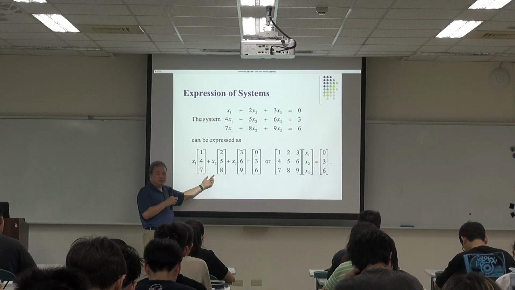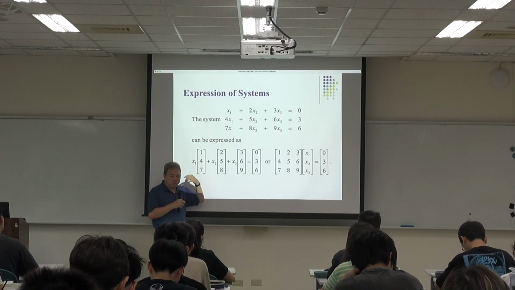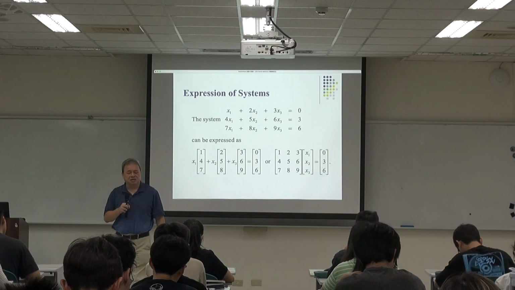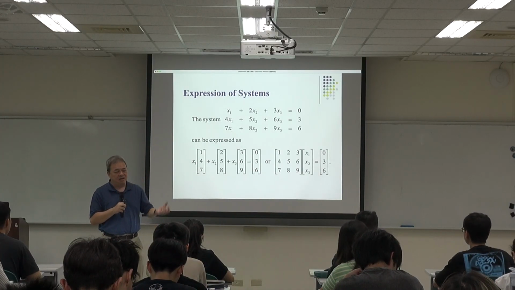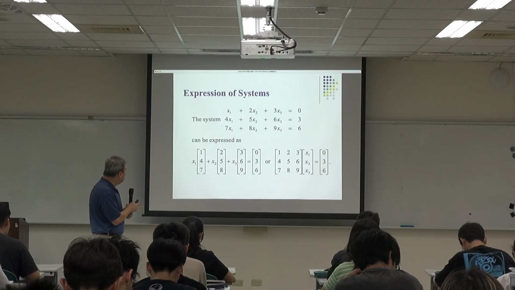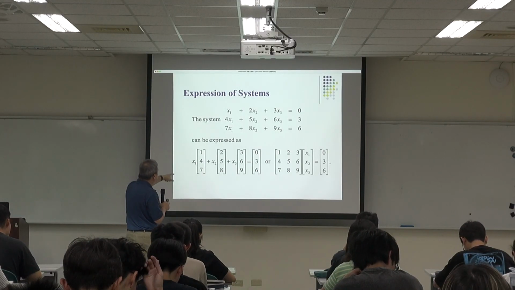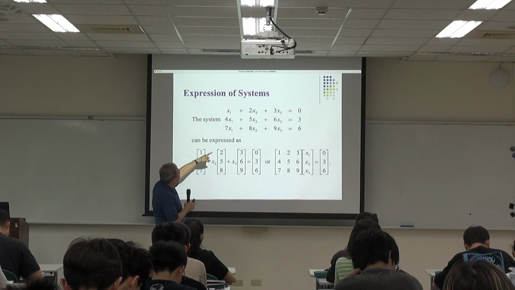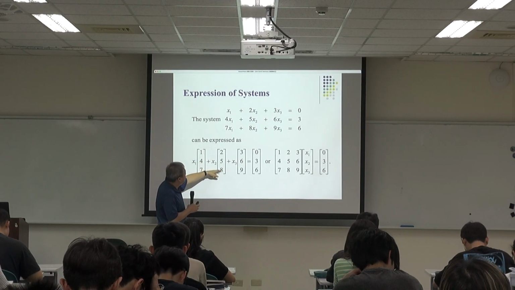These are the vectors. When we talk about vectors in linear algebra, we usually consider them as column vectors. So basically x1 is 147, x2 is 258, and so on.